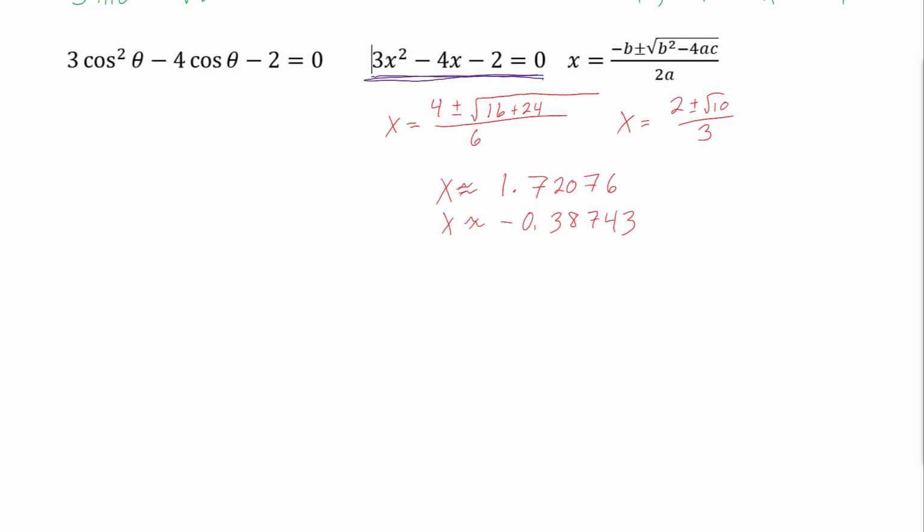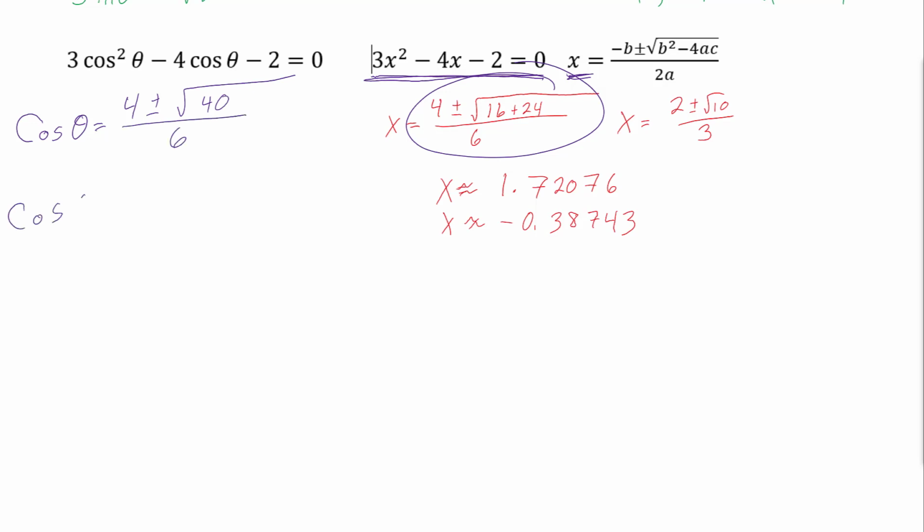In this case, our quadratic formula, we've got x equals negative b plus or minus the square root of the quantity b squared minus 4ac all over 2a. Instead of x equals, though, it's going to be cosine of theta is equal to, and when we plug all those in, we get 4 plus or minus the square root of 40 over 6.